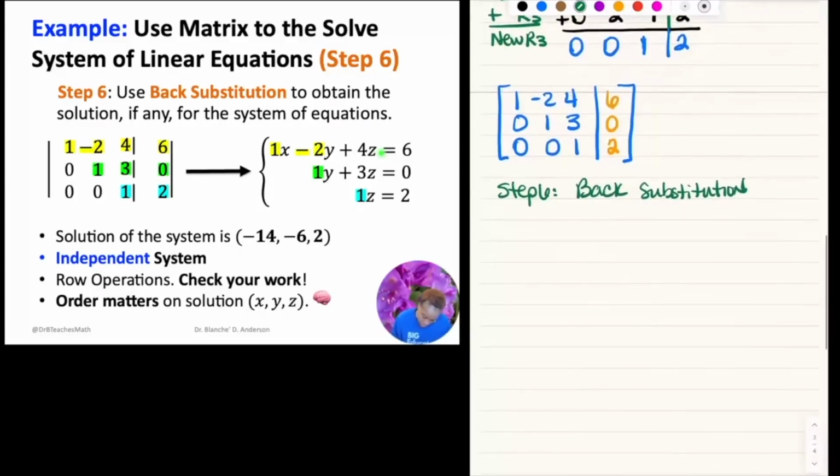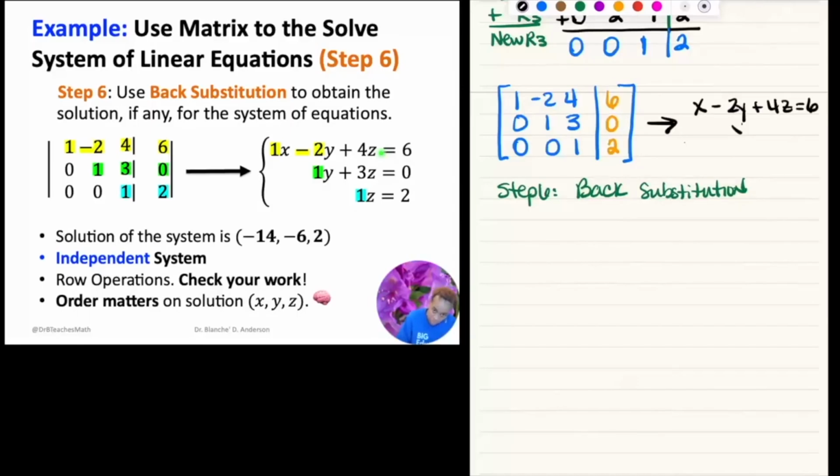Okay, so this represents z equals 2, right? We said that this was y plus 3z equals 0. So this represents x minus 2y plus 4z equals 6.